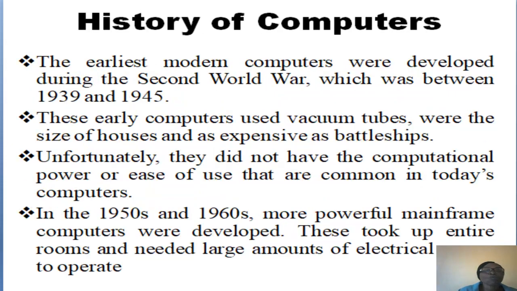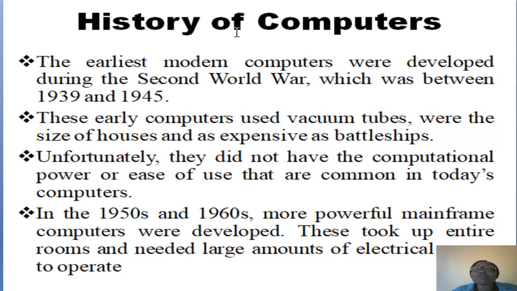Now, we want to look at the history of computers. The earliest modern computers were developed during the Second World War, which was between 1939 and 1945. How many of you were born then? So these are early computers.